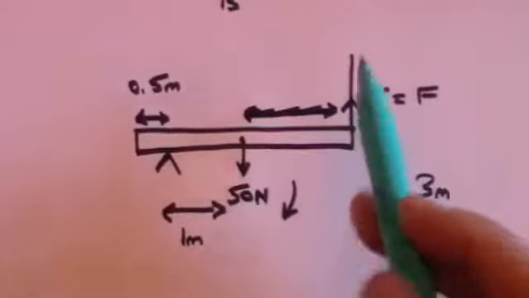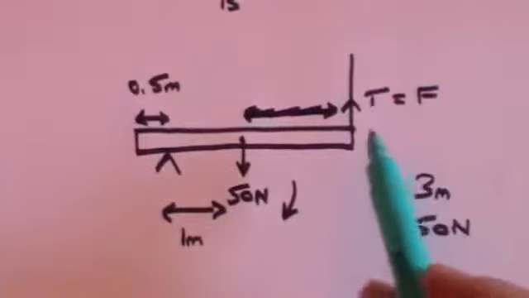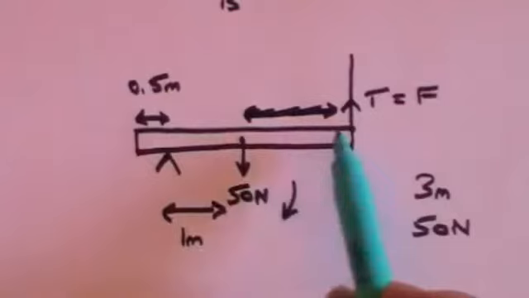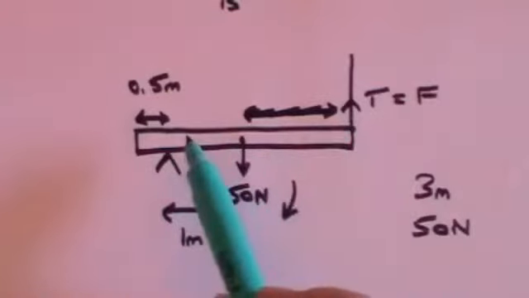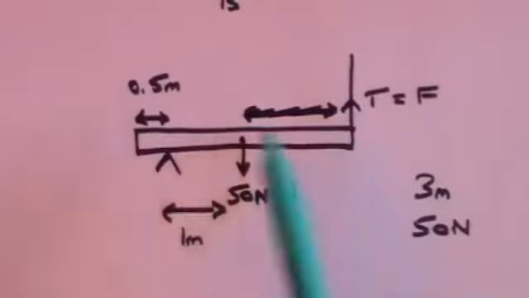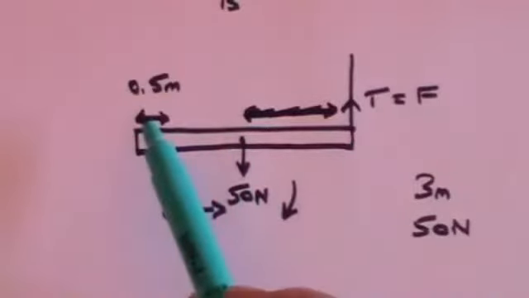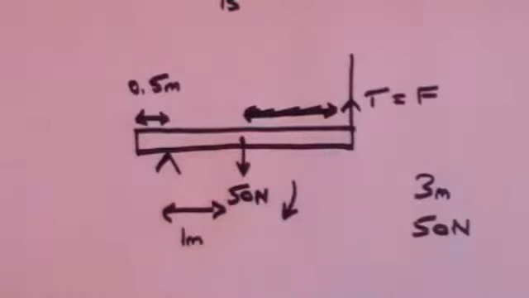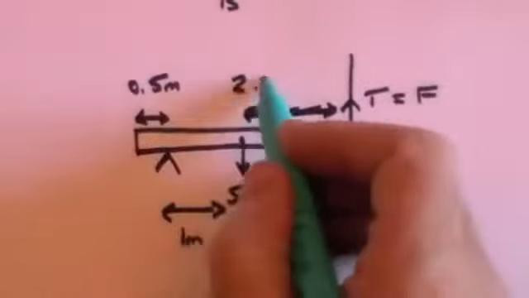Whereas the cable which is holding it up is going to be the force multiplied by the distance from the pivot point, and that's going to be 2.5 meters, because the whole girder is 3 meters long, but the pivot point is 0.5 meters from the end. So the distance from the pivot point to the cable is 2.5 meters.